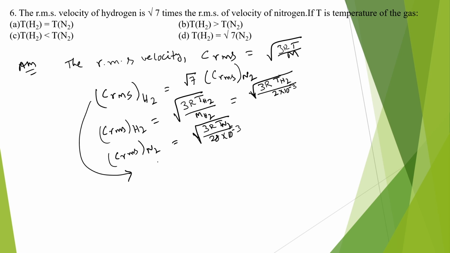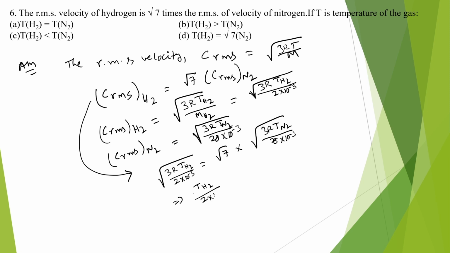Okay. So, we write root over 3RT hydrogen by 2 times 10 to the minus 3 is root over 7 times root over 3RT N2 by 28 times 10 to the minus 3. If we square both sides, we get T of hydrogen by 2 times 10 to the minus 3 times 3R gives you 7 times 3RTN2 by 28 times 10 to the minus 3.